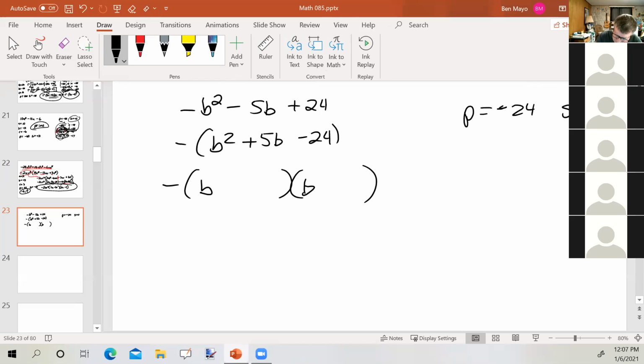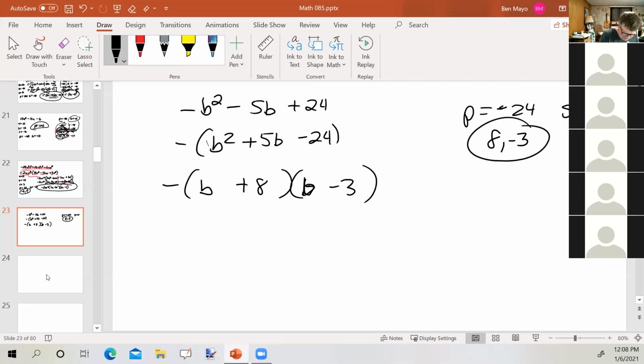The sum is positive. How about 8 and -3? Okay. Now, I could use the grouping method on this one, but that takes way longer, and I don't need to because the leading coefficient is a 1. So don't use it unless you need to, okay? Because that would be a much longer process.